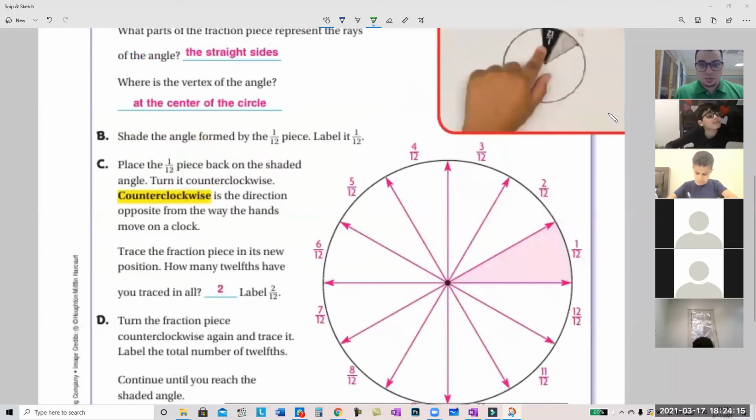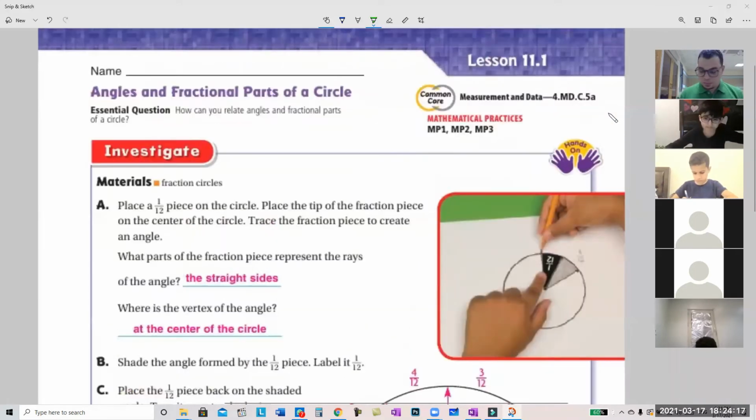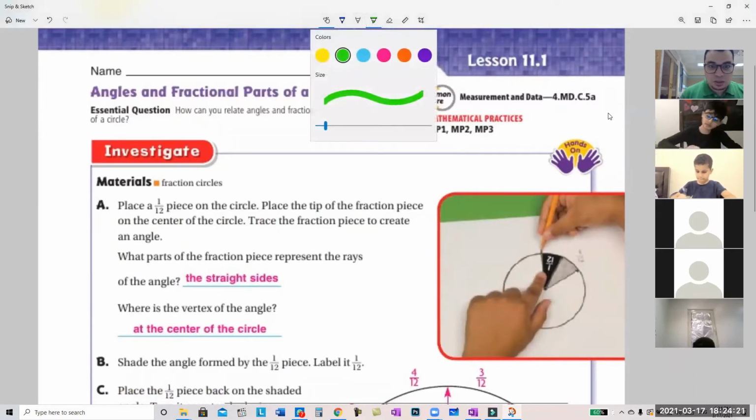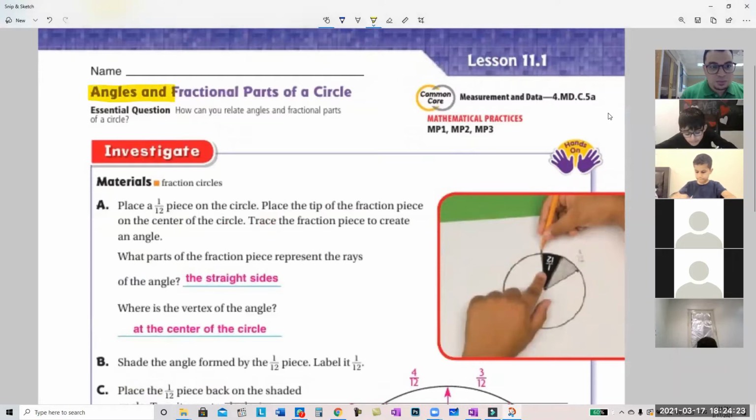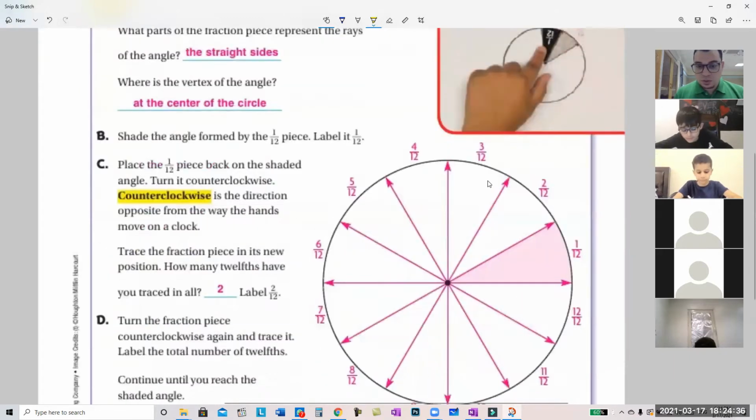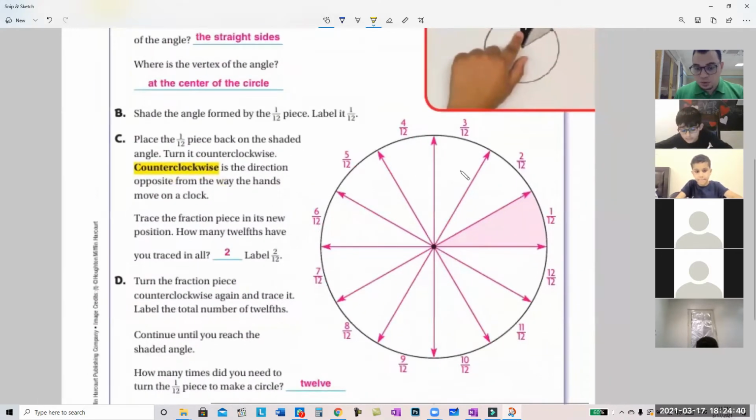Okay, let's start. As I said before, today's lesson is about angles and fractional parts of a circle. So we're gonna divide the circle into some parts, okay? Let's divide this circle, as you see here, into 12 parts, like the clock.